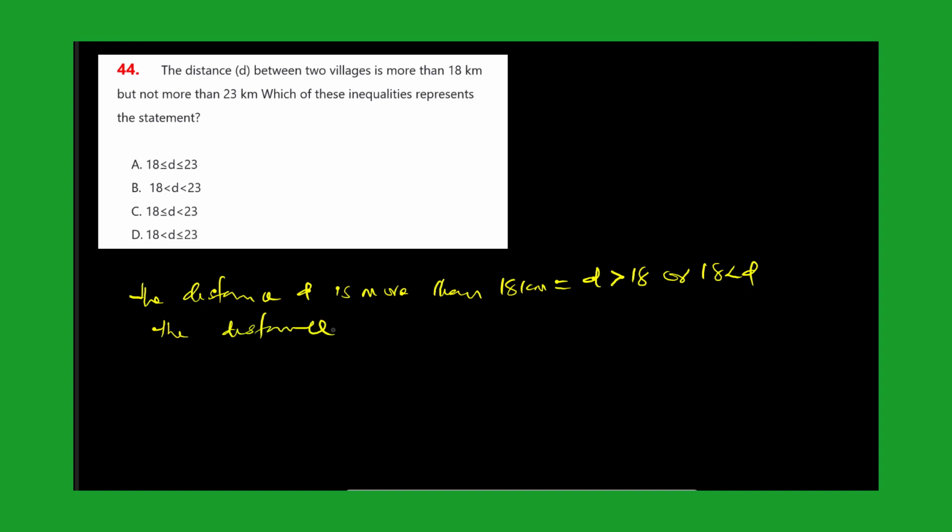Distance is equal or less than 23 km, which can be denoted as D less than or equal to 23.